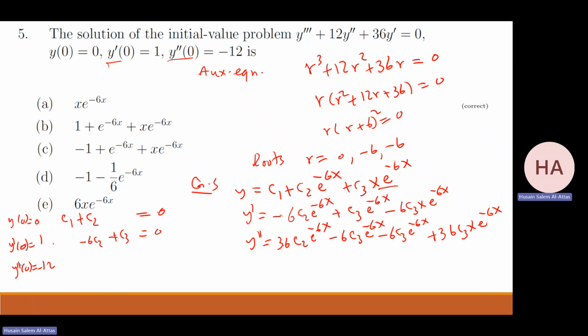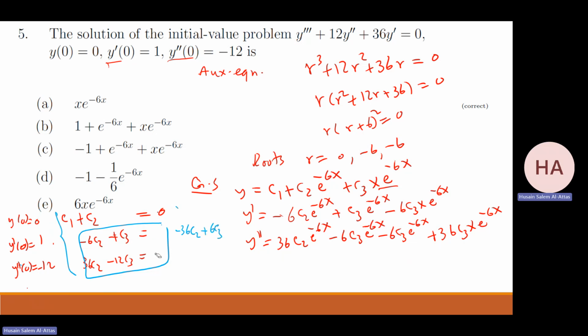I'm getting 36 C2 minus 6 minus 6 minus 12 C3 equals minus 12. I need to solve this system. So let me take these two equations. When I can deal with it easily, multiply the first one by 6. I have minus 36 C2 plus 6 C3. It's not 0, sorry.